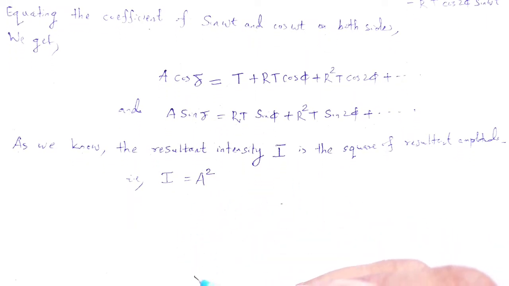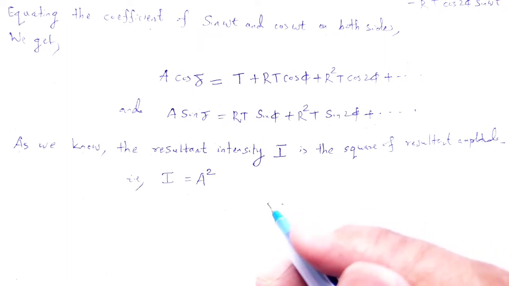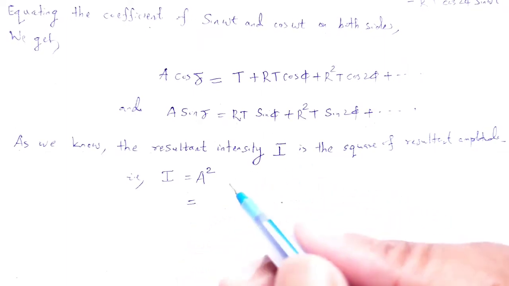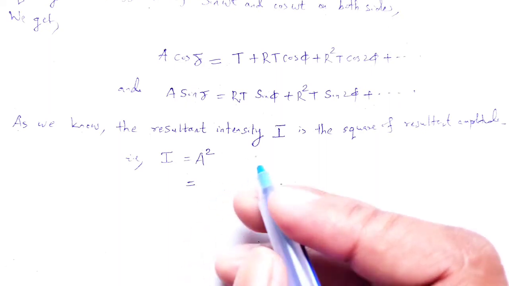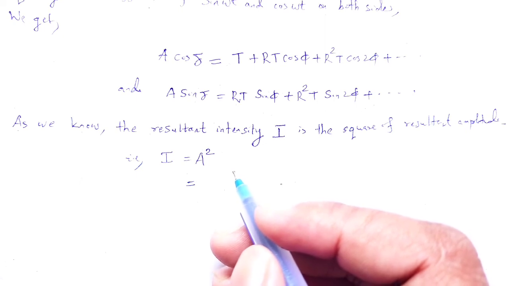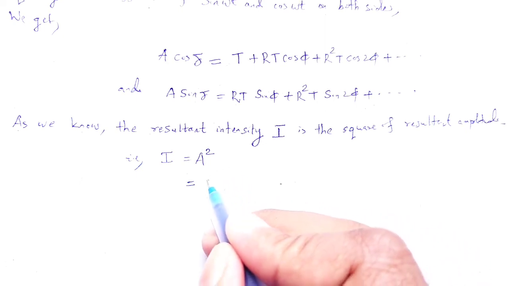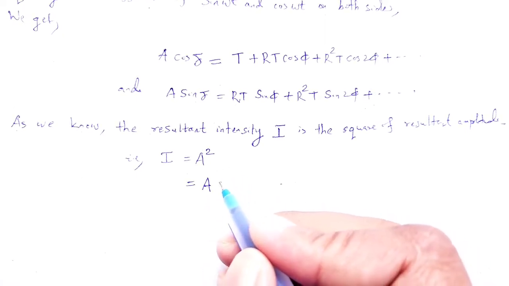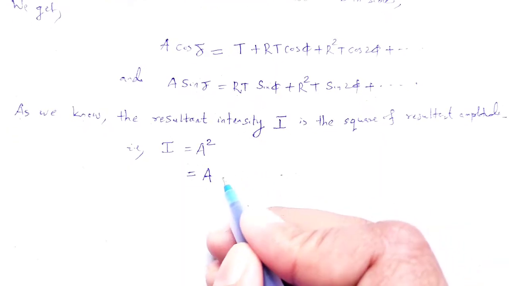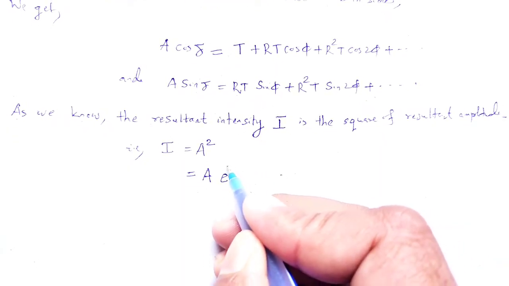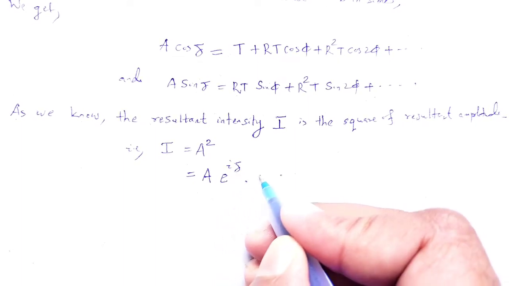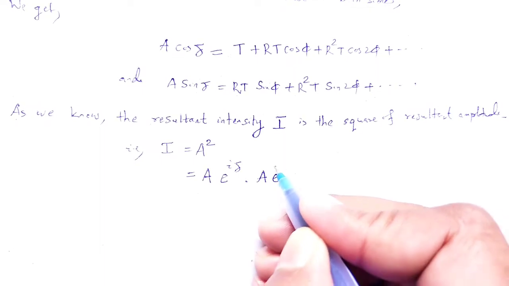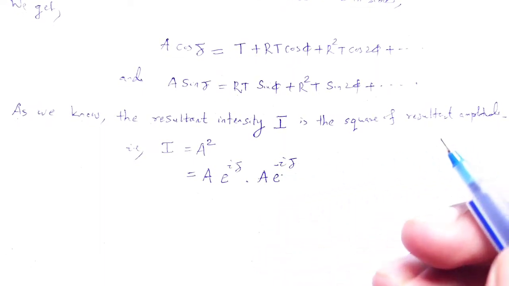That A can be written in the complex form as A e to the power i delta into A e to the power minus i delta.